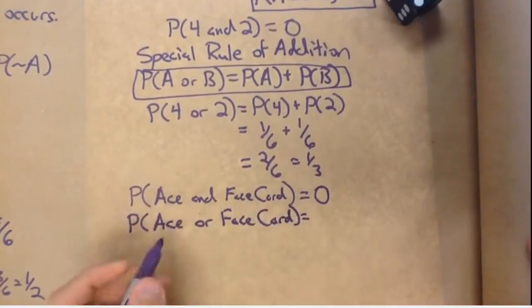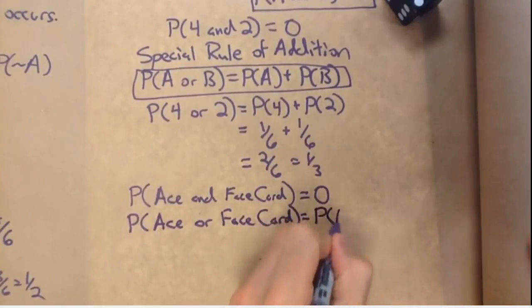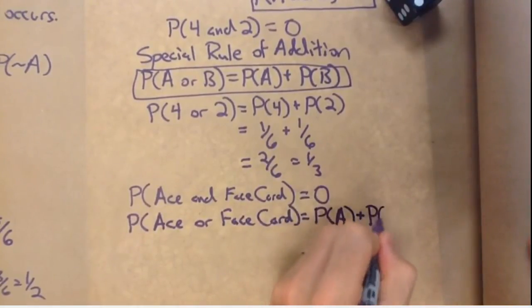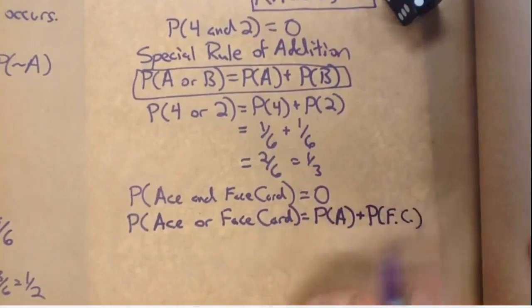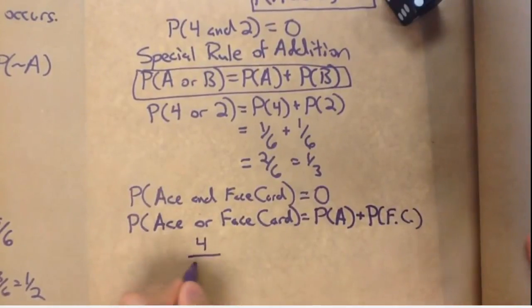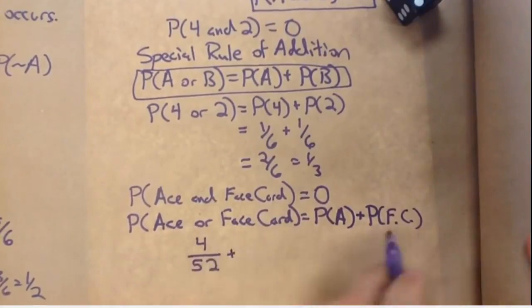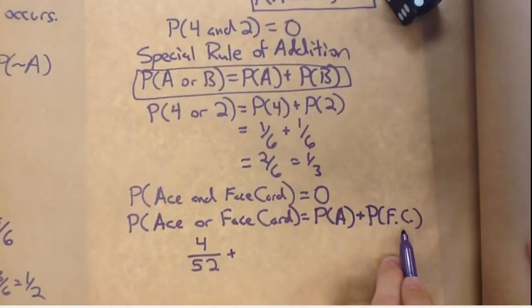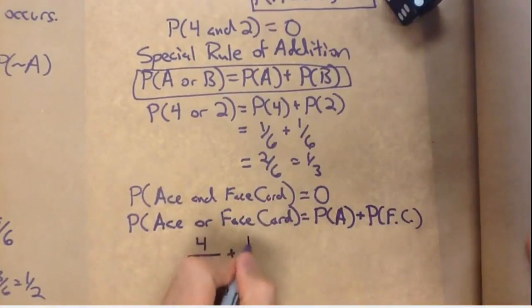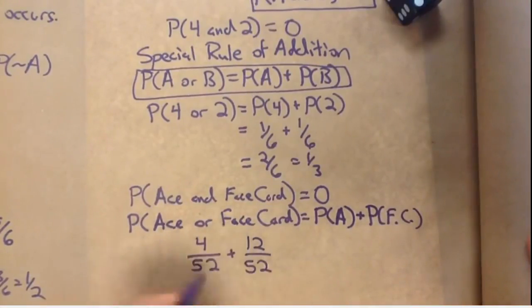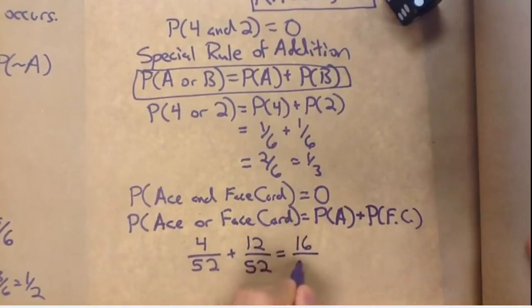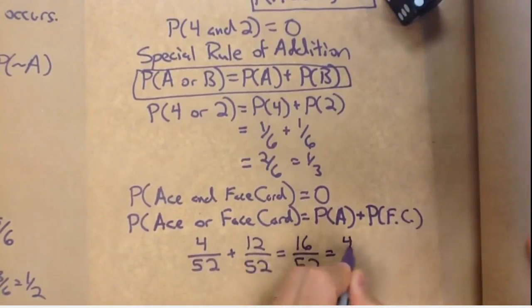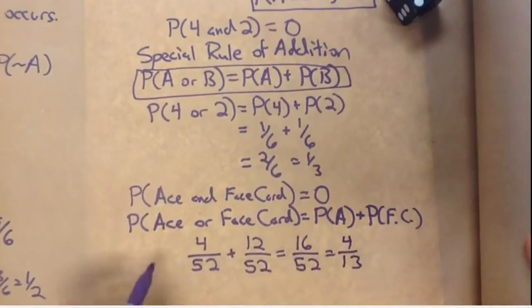So ace or a face card becomes the probability of an ace plus the probability of a face card. Now, there are 4 aces in a deck, and face cards, jack, queen, king, there are 12. There's 3 in each suit, and there's 4 suits. So combining those together, I get 16 in 52, which is 4/13. So that is the probability I get an ace or a face card.